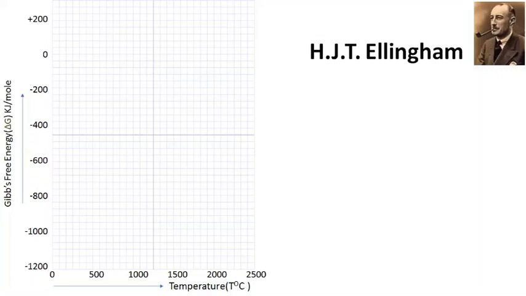Basing upon that, we are seeing how metal oxides are stable. In this graph, we will see how metal oxides are converted into metals, how we can select a reducing agent, and whether the metal oxides are thermally stable or not. All those things we will learn in this topic called Ellingham diagrams.